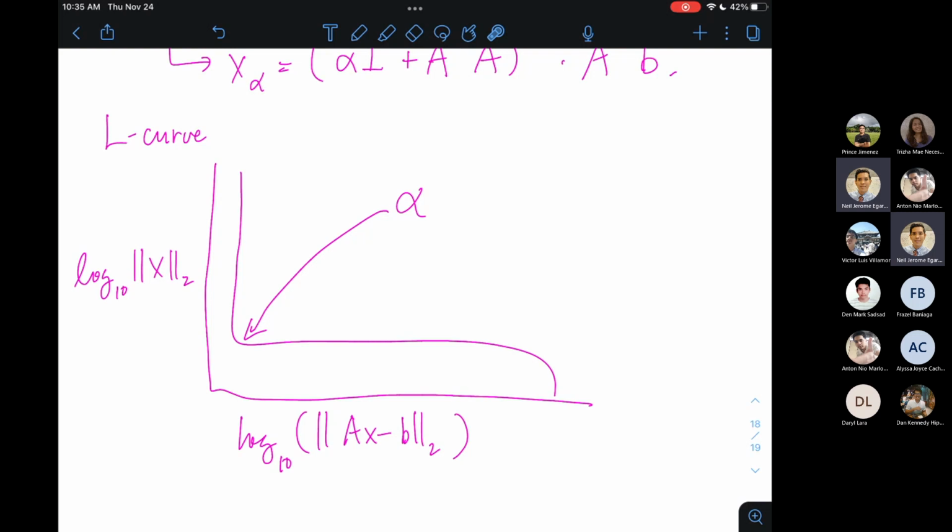Pwedeng ad hoc or pwedeng L curve. Ganito na lang. Papa-ad hoc na lang ako. Tapos yung paggamit ng L curve and or Morozov principle ay sa problem set na. All right? But probably I'll devote one class meeting para i-discuss yung problem set. All right?